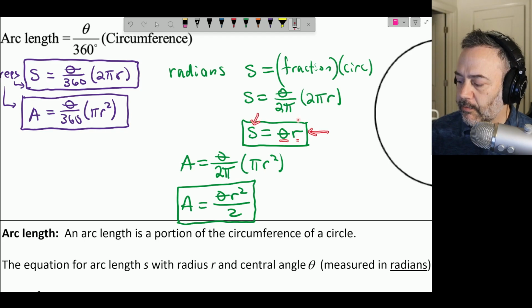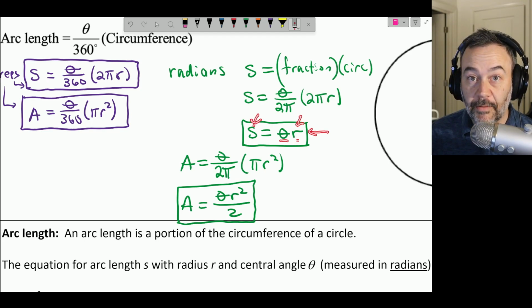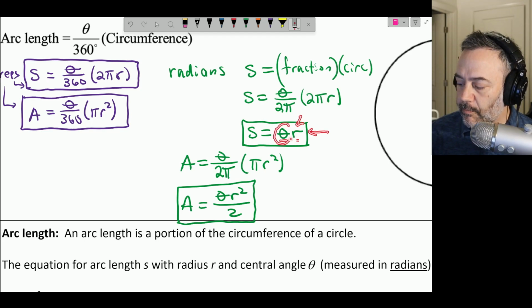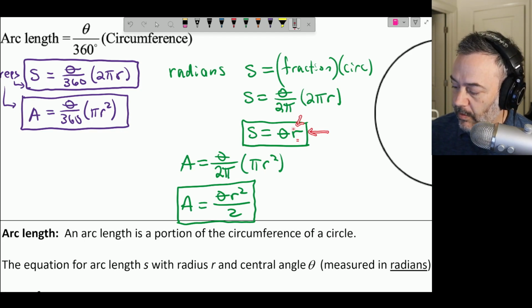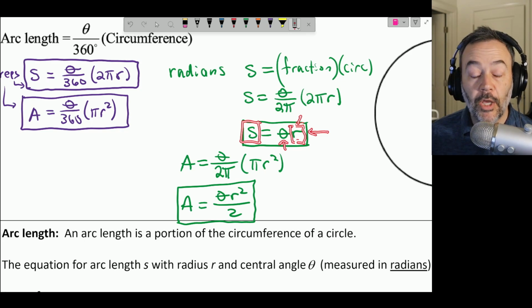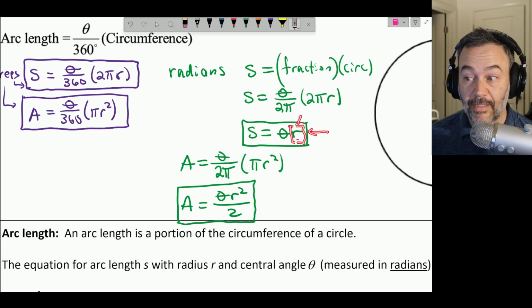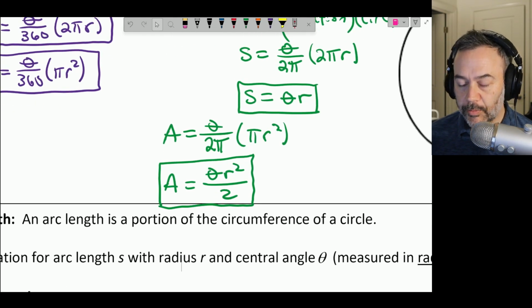Let's say the radius was measured in centimeters. Then the arc length would be measured in centimeters. So theta can't be providing a unit that creates a dimension in the calculation. So r is in centimeters, arc length is in centimeters, so theta is just a ratio. You may remember that theta was actually defined to be the arc length divided by the radius. So theta is just a ratio, similar to a percentage.